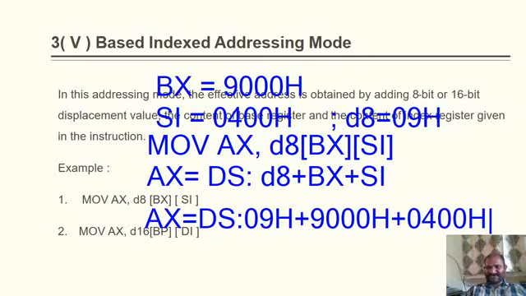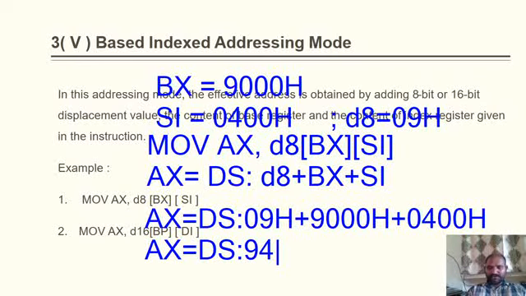Okay, 0400H. Finally, AX is equal to DS colon. If you add that, you do a simple mathematical addition and get 9409H as the memory location.